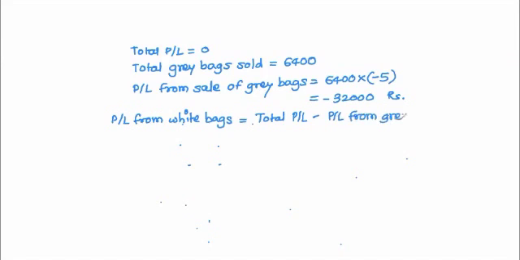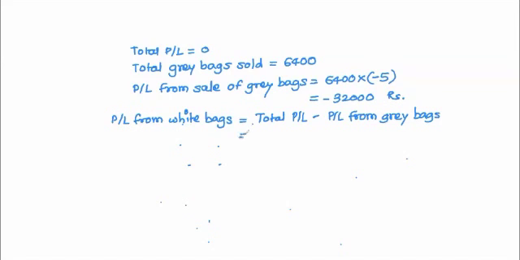Because the white bags and gray bags are giving us the total, if we want to find the profit loss from white bags, then we have to subtract the profit or loss from gray bags from the total profit and loss.